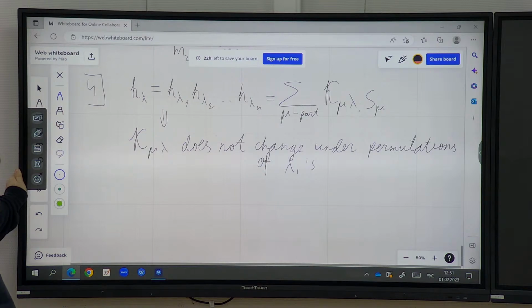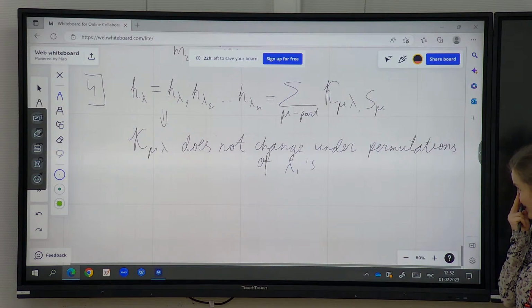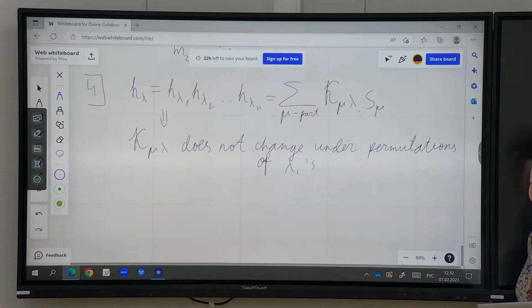Well, there is some other explanation: you can establish a bijection on the set of tableaux, called the Bender-Knuth involution. But when you see it first, it looks like an absolute miracle.